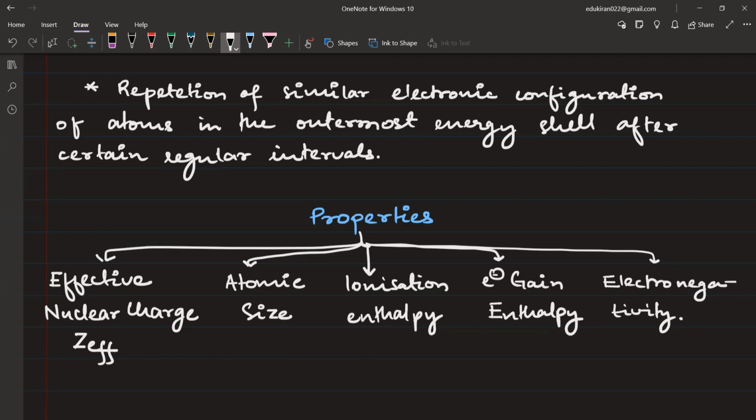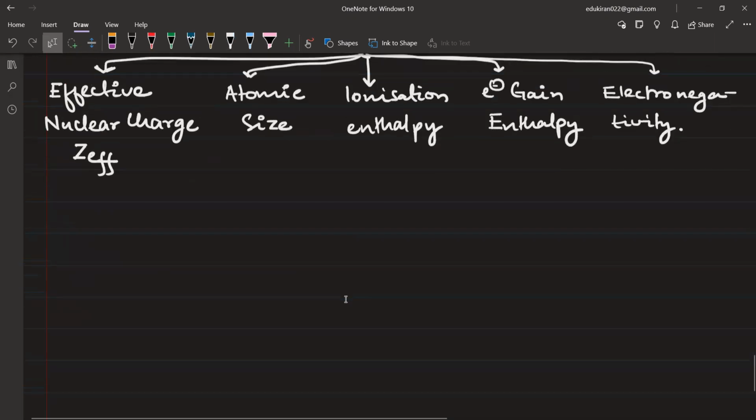Mainly we are going to learn these four, but the effective nuclear charge is the one which will be governing all of these things. So the trend will be governed by the effective nuclear charge. Write the first one, effective nuclear charge. All of you wrote this now? Yes.